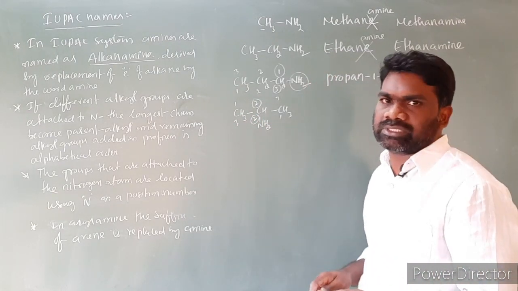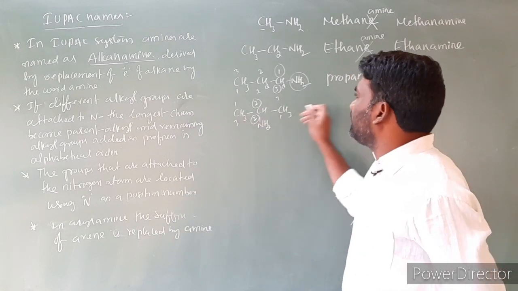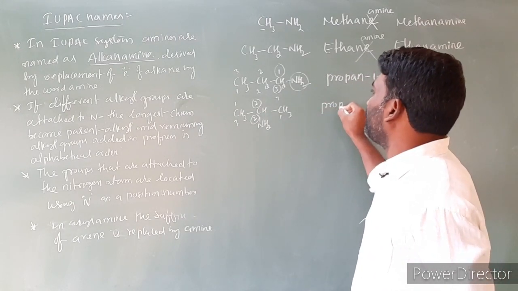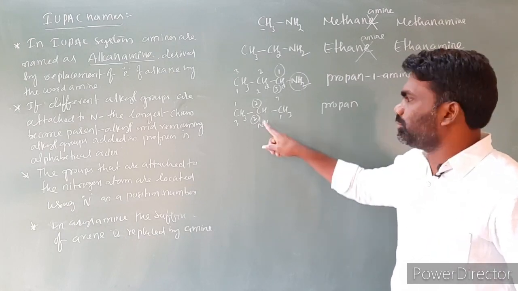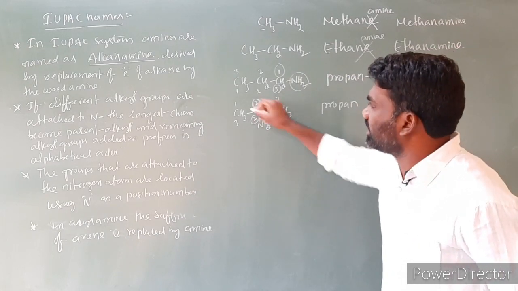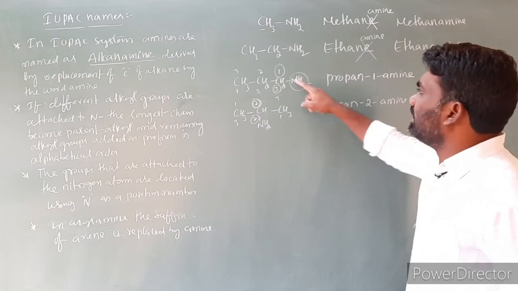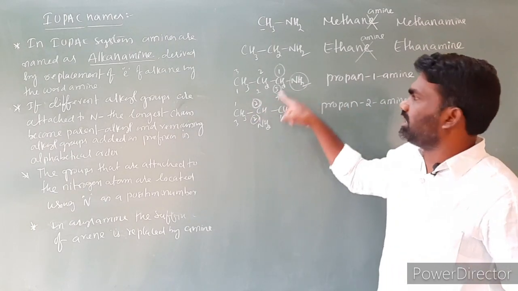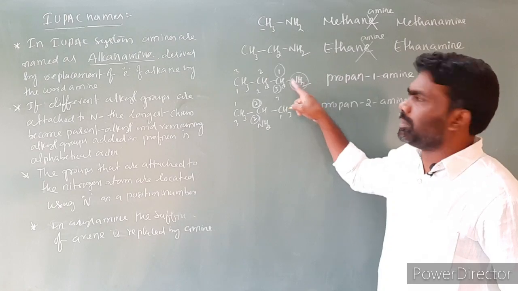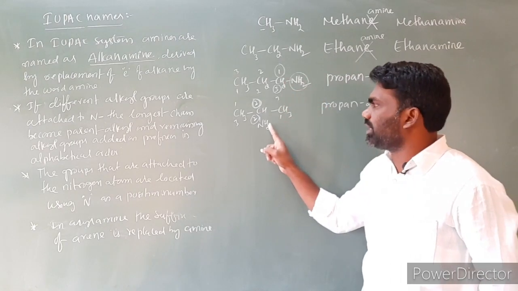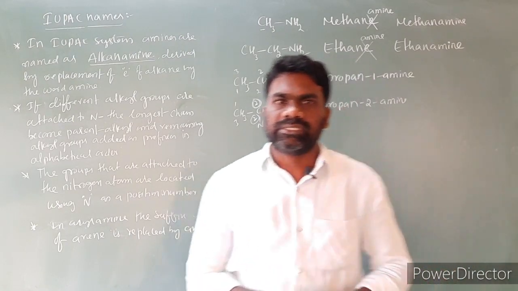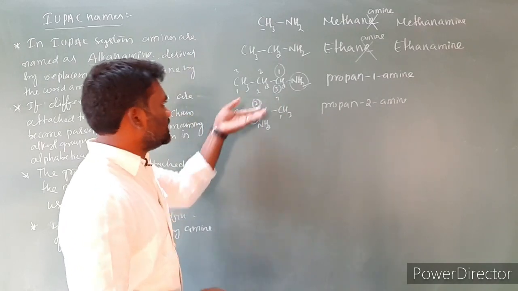So what is the name of this compound? 1, 2, 3. 3 in the sense what we have to write? Propan. At which position is it present? Amine is present at the second position. Propan-2-amine. In both cases 3 carbons are there, but in the first case the NH2 group is attached to the first carbon, and in this case the NH2 group is attached at the second carbon. Positions I changed. So this is an example.